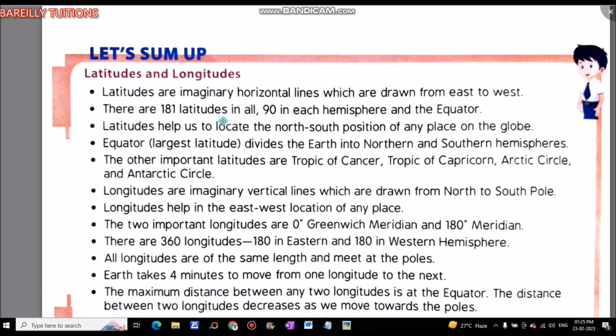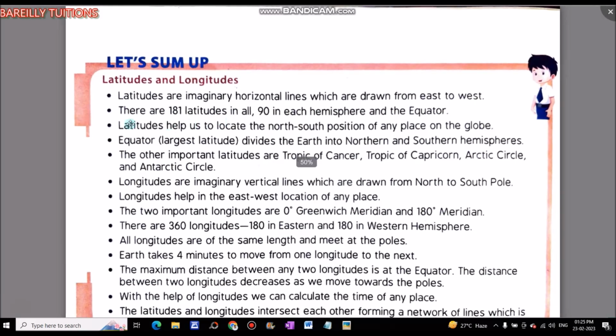Now, this time to recall the chapter Latitudes and Longitudes. Latitudes are imaginary horizontal lines which are drawn from east to west. There are 181 latitudes in all, 90 in each hemisphere and the equator.